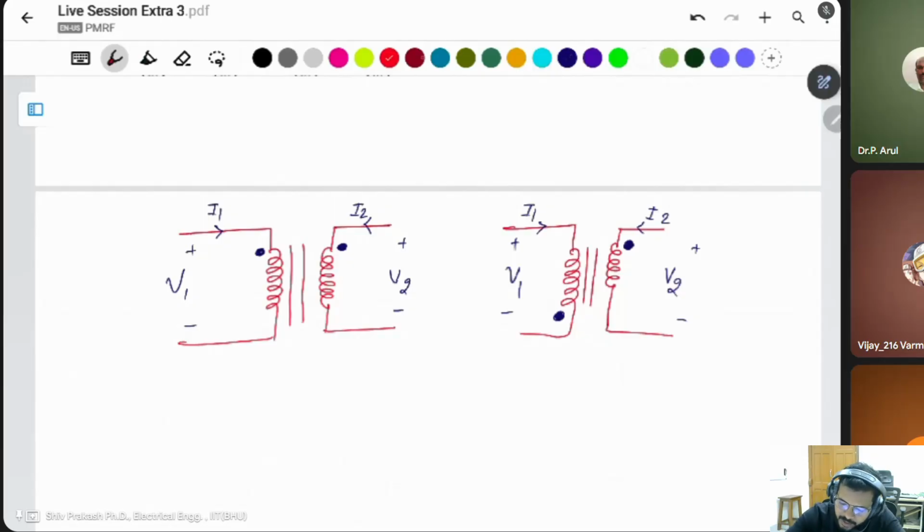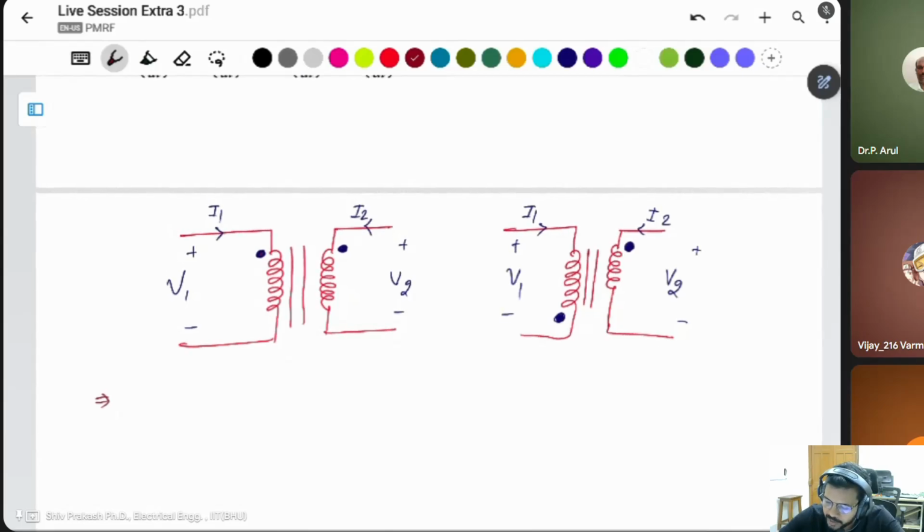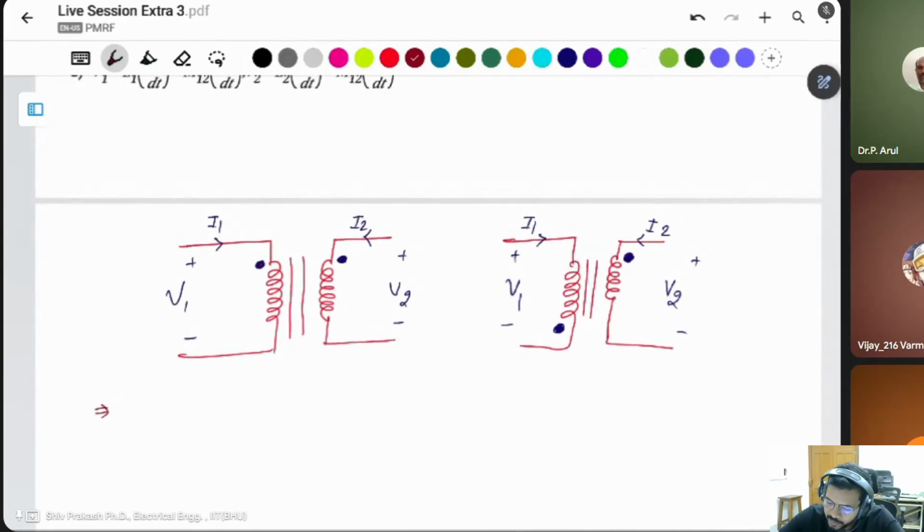It means if the current is entering at the dot in one winding and the secondary winding also has current entering at the dot, these two are connected in additive polarities. In the second one, the dot connection is opposite: in the first winding the current is leaving from the dot, and in the secondary winding the current is entering from the dot.